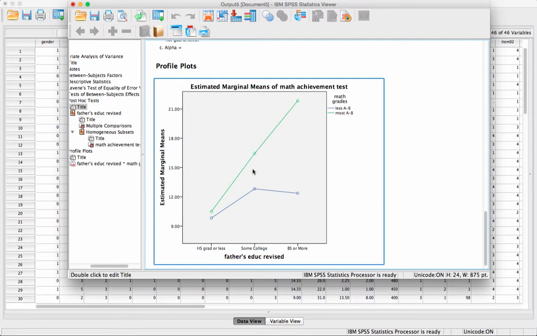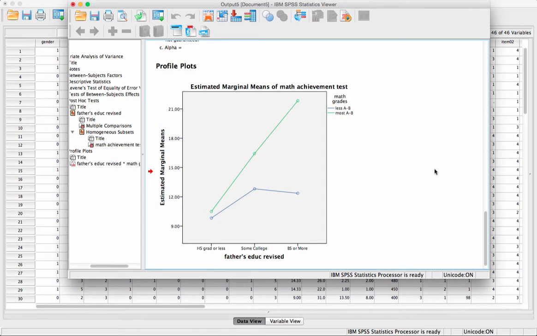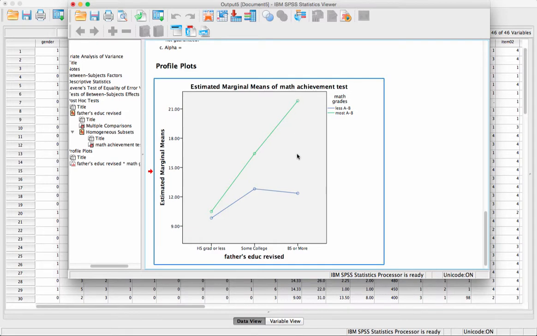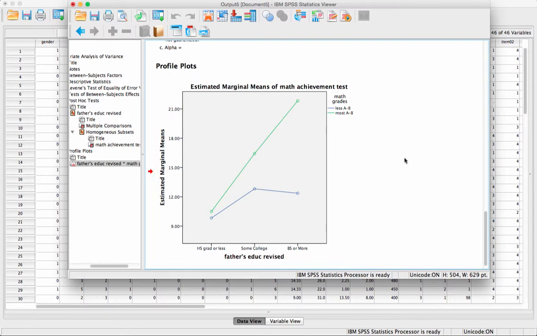So now what we have to do is a simple effects test to determine where that difference is. Is it at BS or more? Is it at some college? Is it even at this level? It's likely not at this level, but maybe at this level or this level. So that will be the next analysis in the next video that I will demonstrate.